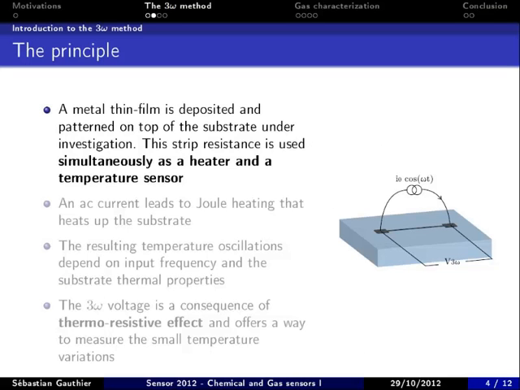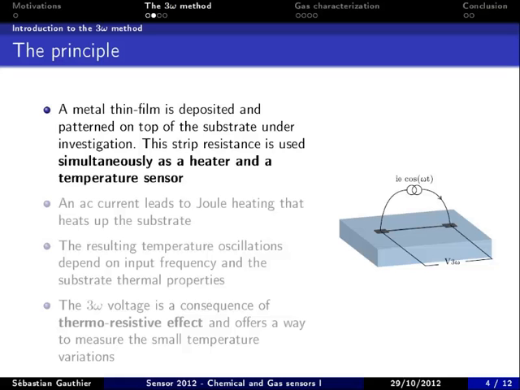So now I will explain the principle. We are speaking about solids, and we will move on to gas samples later. If we have a substrate that we want to characterize, meaning that we want to measure the thermal conductivity, what we will do is deposit a thin film on top of it and use microfabrication techniques to pattern this layer in a small strip resistance.